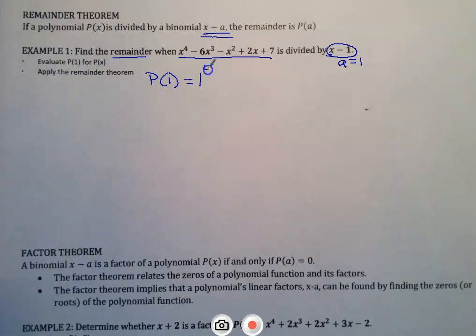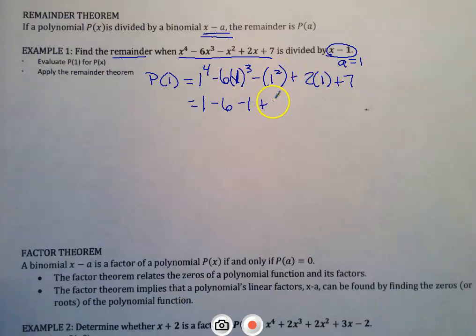So this is going to be 1 to the 4th minus 6 times 1 cubed minus 1 squared plus 2 times 1 plus 7. Again, 1 is a nice number. So 1 to the 4th is 1. 1 to the 3rd is 1. So negative 6 times 1, negative 6. 1 squared is 1, so minus 1. Plus 2 times 1, and then plus 7.